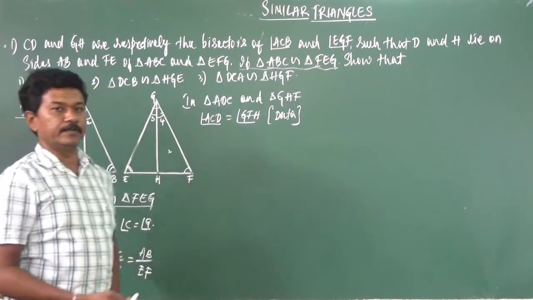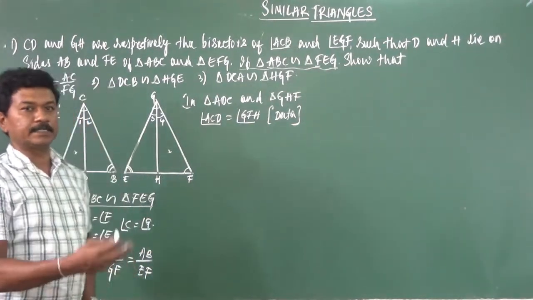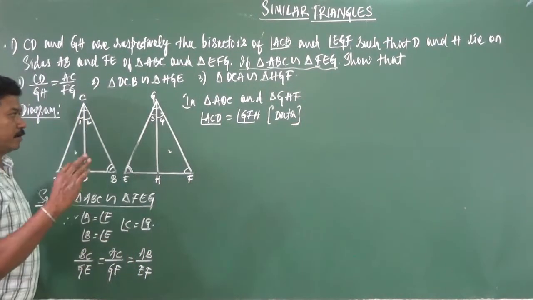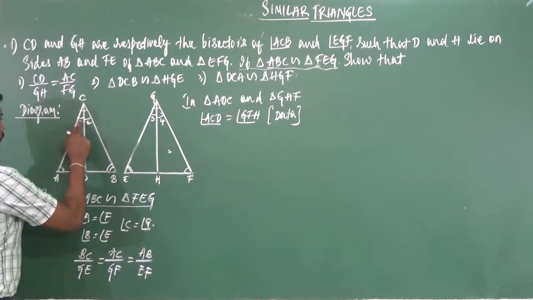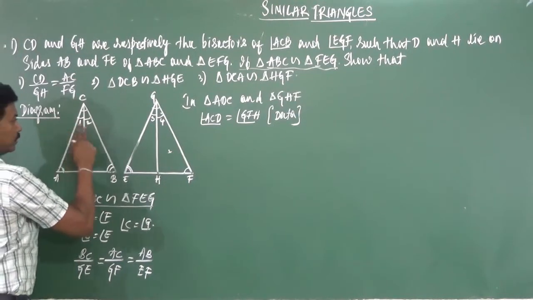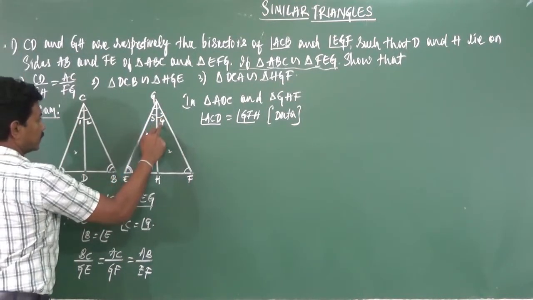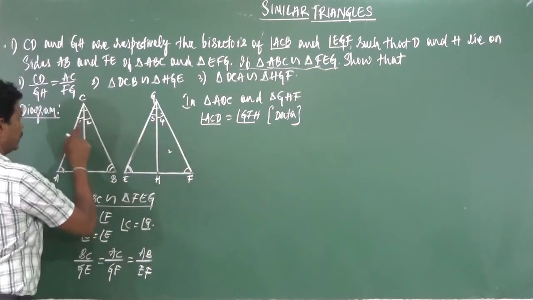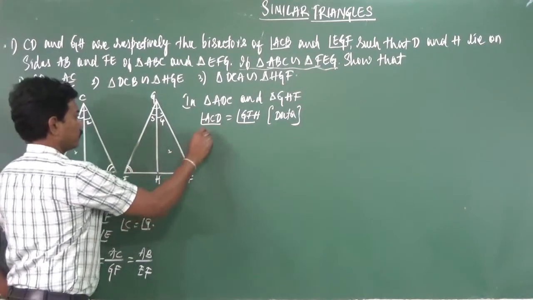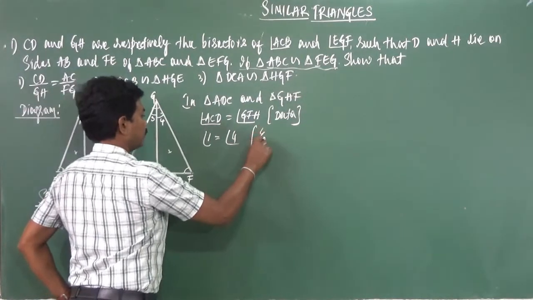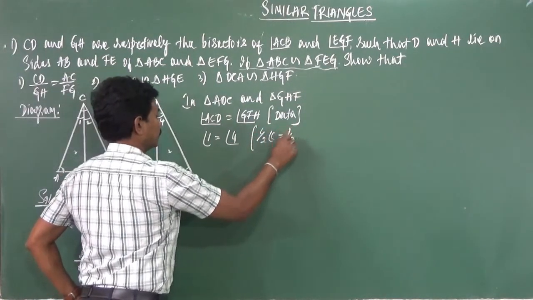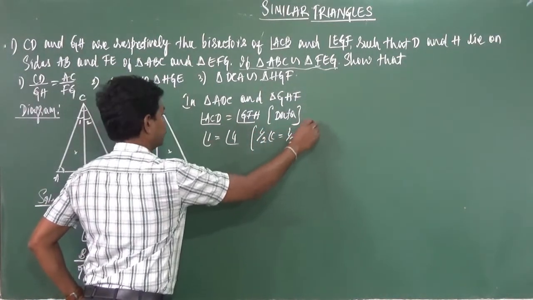So therefore, halves of equals will also be equal. You have studied in your 8th standard geometry axioms, it's one of the axioms: half of equals are also equals. So out of these two halves, I am going to select this half, that is angle 1, and out of these two halves I am going to select this half, that is angle 4. So angle 1 is equal to angle 4, because half of angle C is equal to half of angle G, right.